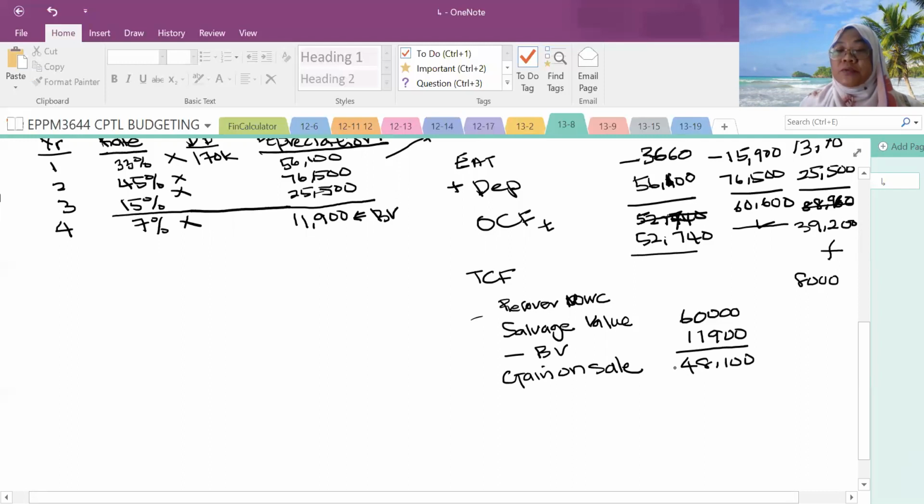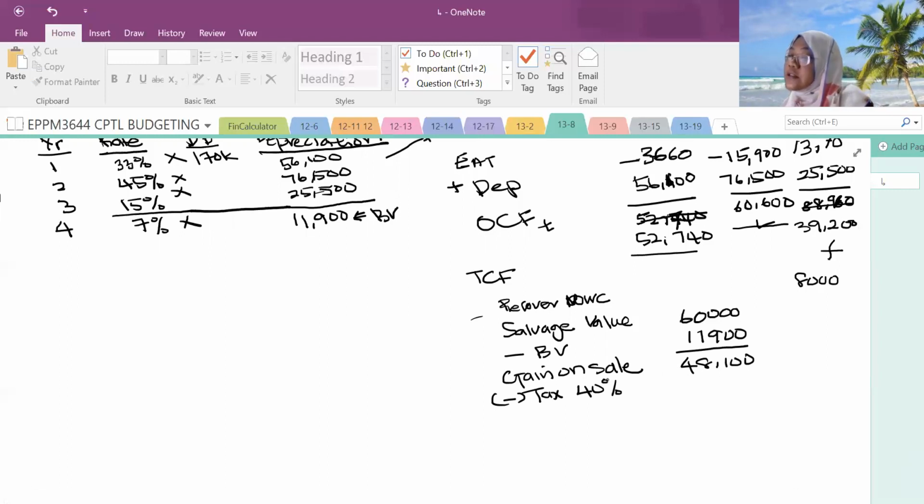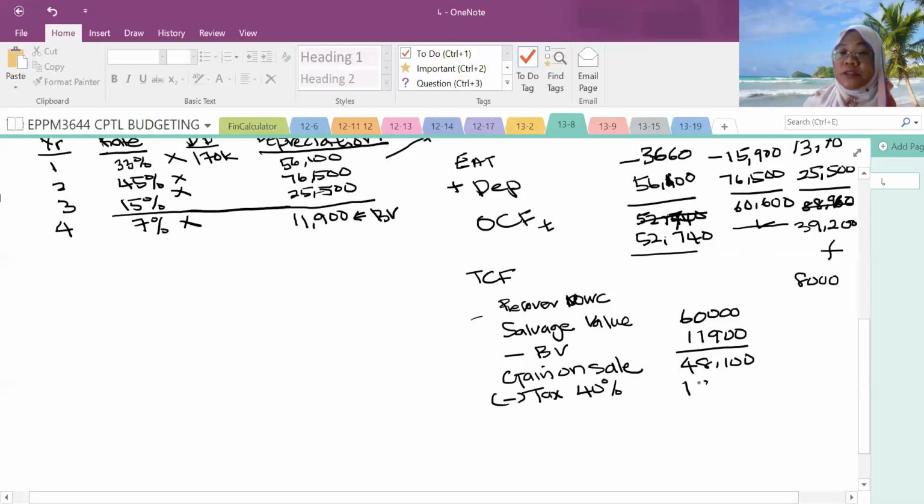And this is the amount that you are going to pay tax on, right? So minus the tax on gain. The tax is still 40%. So what is 40% of that gain? Okay, so the amount is 19,240.